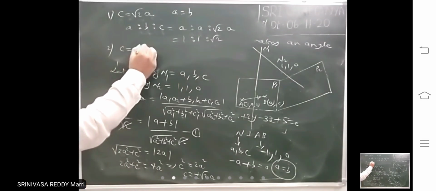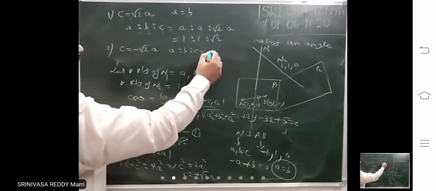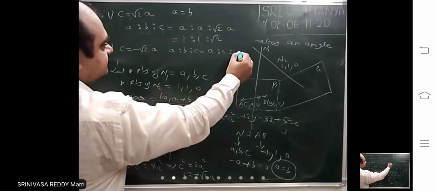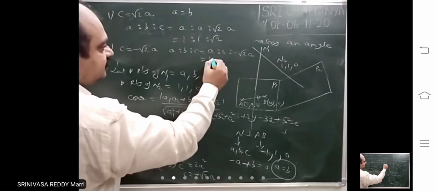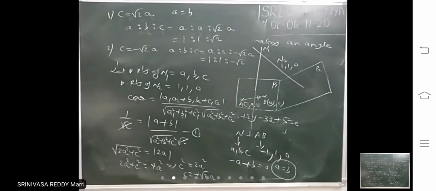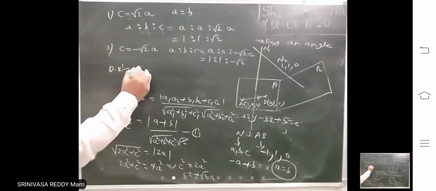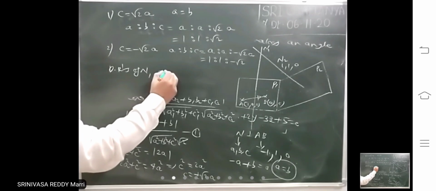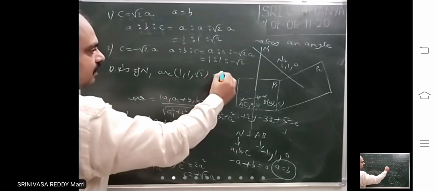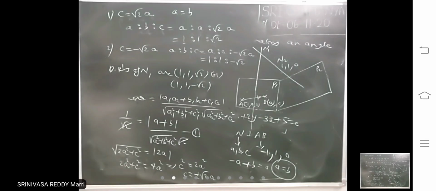Number 2, C equal to minus root 2 A. What is A is to B is to C? Then you will get A is to A is to minus root 2 A, 1 is to 1 is to minus root 2. Therefore the DRs of N1 are either 1, 1, root 2, or the plane can be like this also, 1, 1, minus root 2.